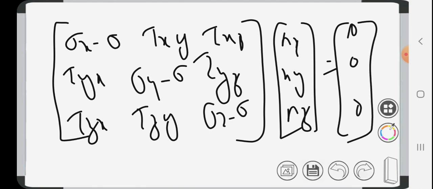So this was our equation. Now you have got all the sigma values. Now the only unknowns are nx, ny, nz.